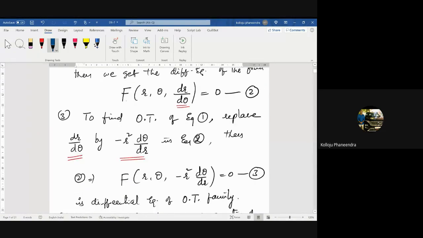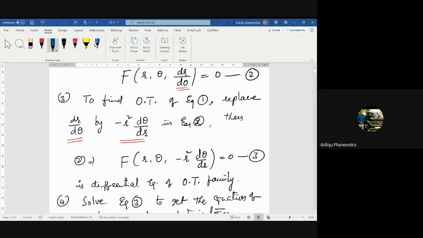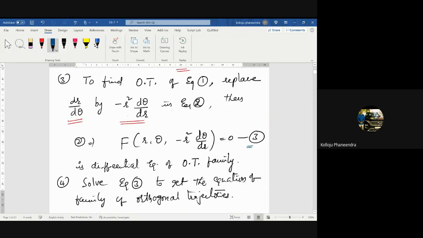Then to get the orthogonal trajectories, replace dr by d theta by minus r square d theta by dr in this differential equation. After replacing, I get equation 3, which is the differential equation for the family of orthogonal trajectories. So to get the orthogonal trajectory, let us solve equation 3. Then you will get the orthogonal trajectory for the given curve 1.